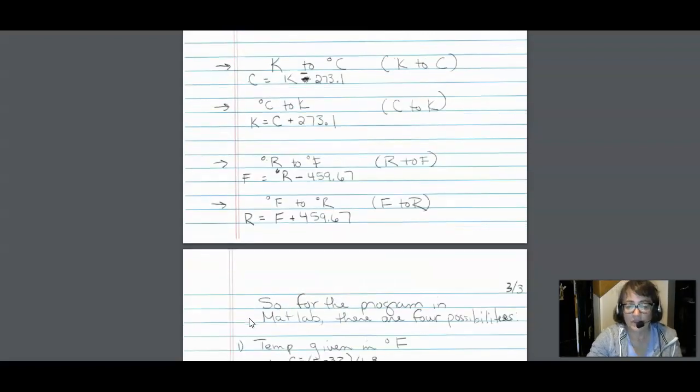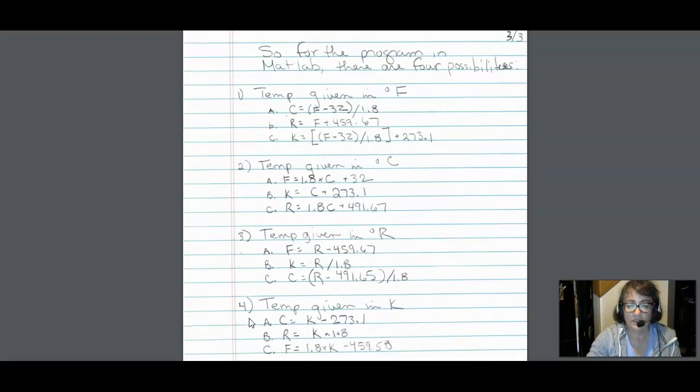All right, so on the last page of this document, what I show you is the program will ask for an input in either degrees Fahrenheit, degrees Celsius, degrees Rankine, or degrees Kelvin. And then we'll calculate the other three. So this is what you have to tell MATLAB to do.